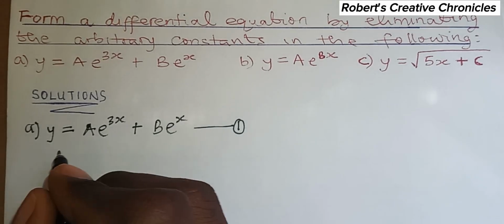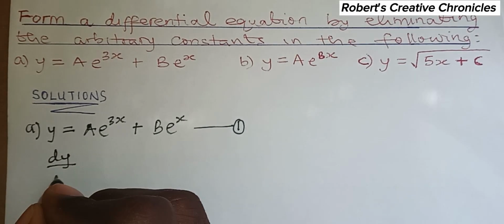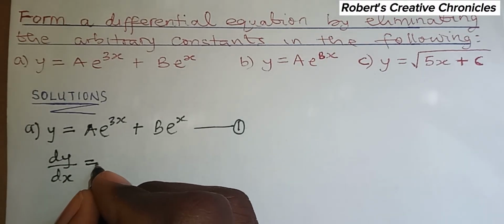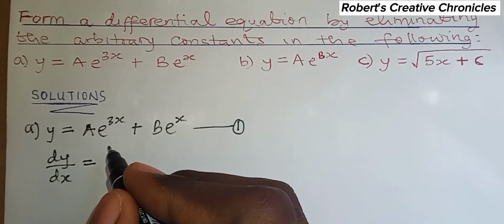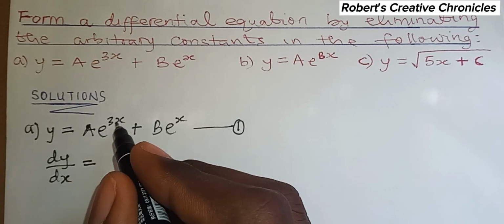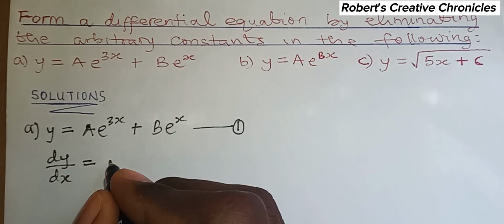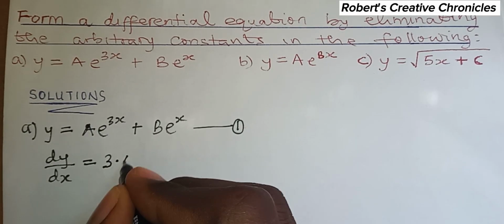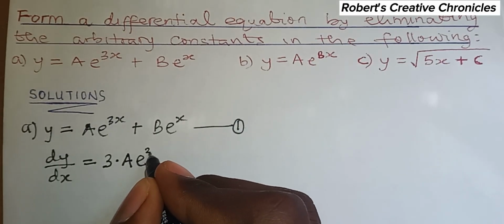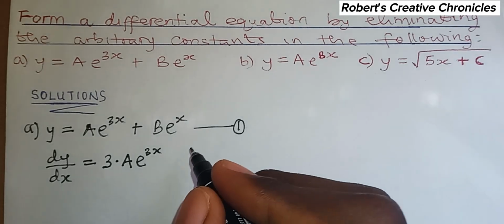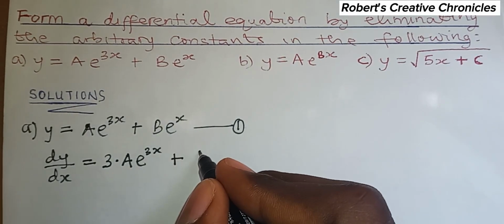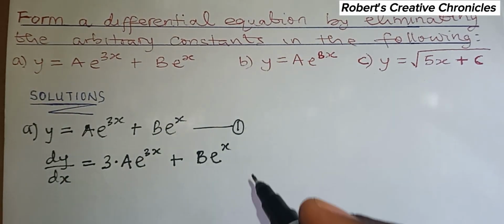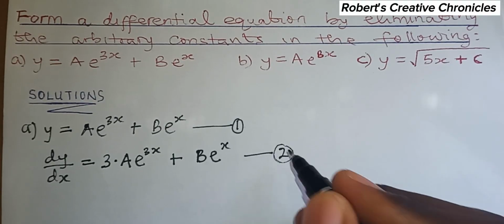Then let's find the derivative of this equation, dy over dx. The derivative of exponential 3x is 3, then multiplied by A exponential 3x, plus the derivative of B exponential x. This will be our equation 2.